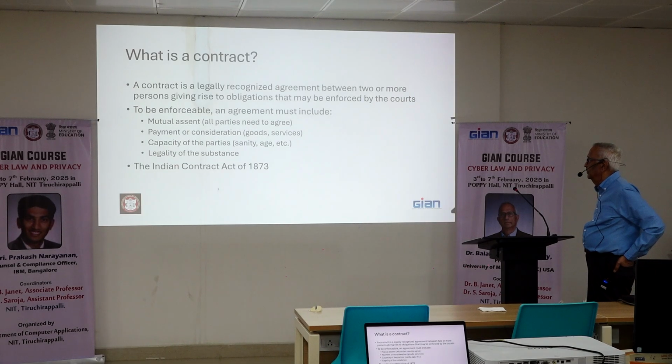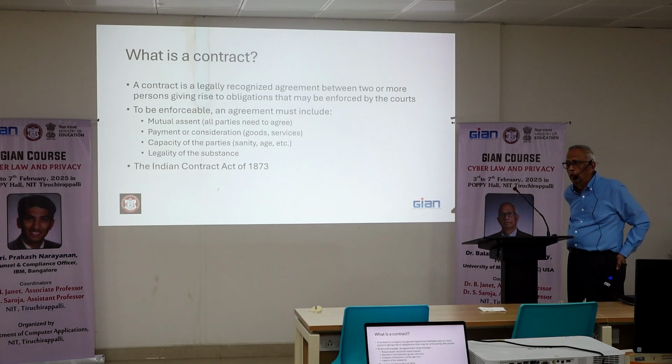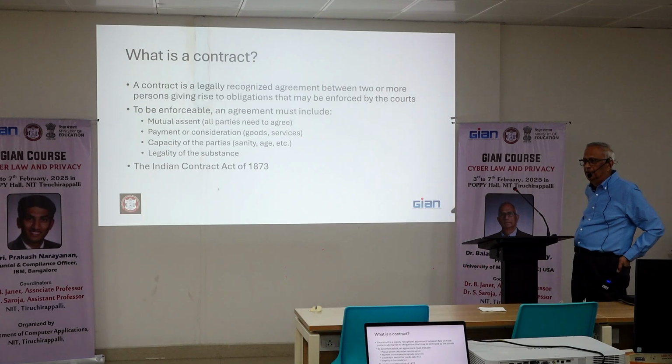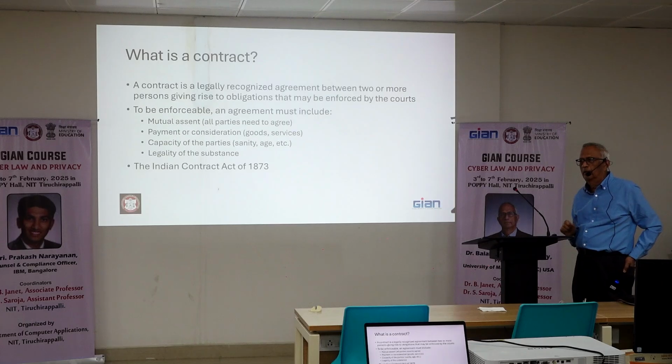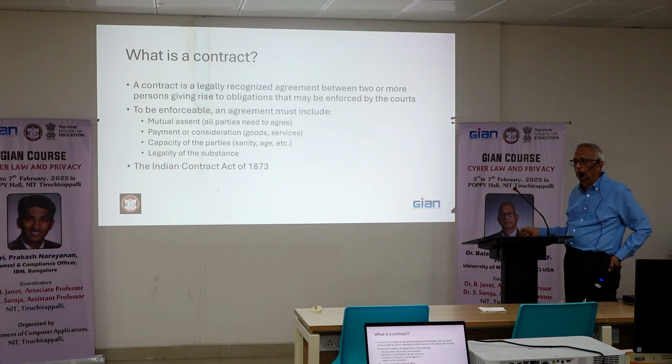To be enforceable, and this is the key, an agreement must include mutual assent. All the parties should agree to it, which usually means they sign it, or in the olden days they used finger-based signatures. But all the parties have to agree to it.